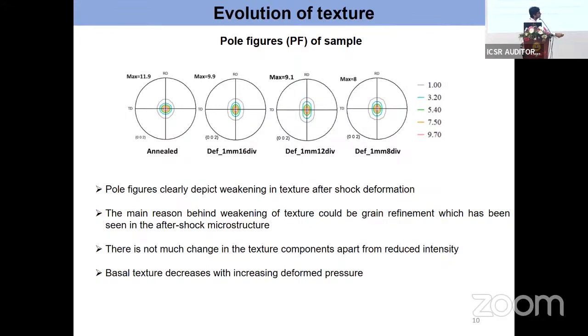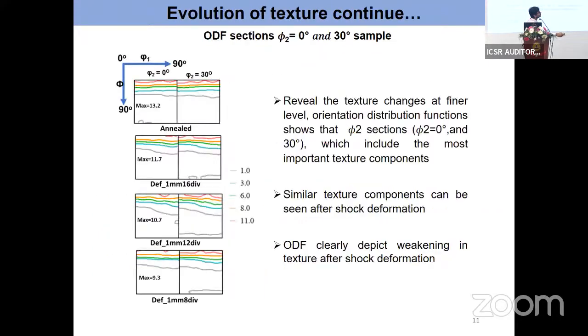So it really shows weakening in texture after shock deformation, and the main reason behind the weakening of texture could be grain refinement, which has been seen in the after-shock microstructure. There are not many changes in texture components apart from reduced intensity. This is the ODF, orientation distribution function.